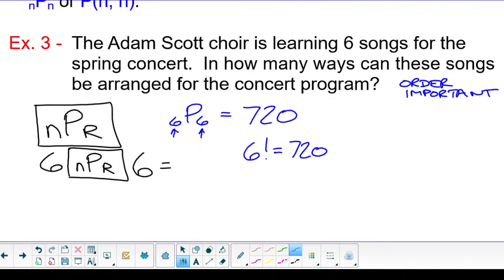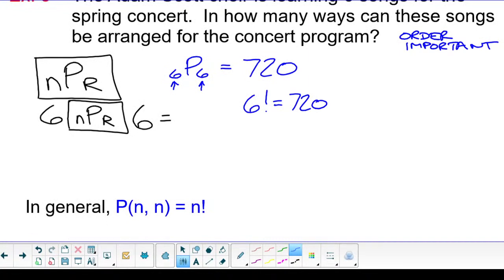So in general, nPn is equal to n factorial. Okay, they're the same thing. Now, that's handy, right? I want to seat students in the class. Well, the order makes a difference, right?